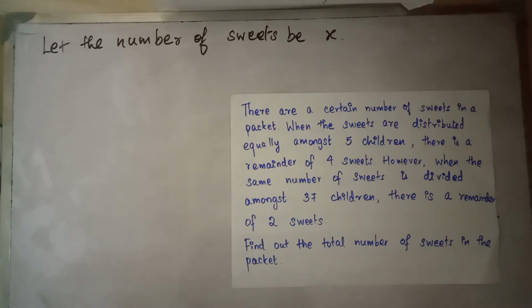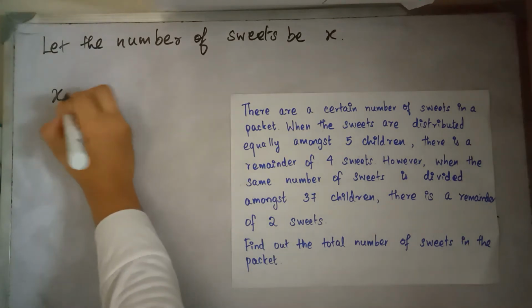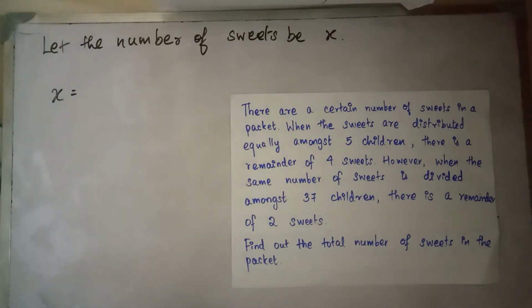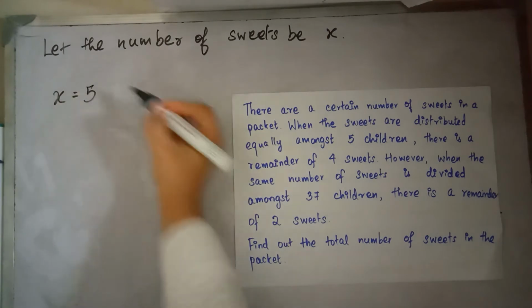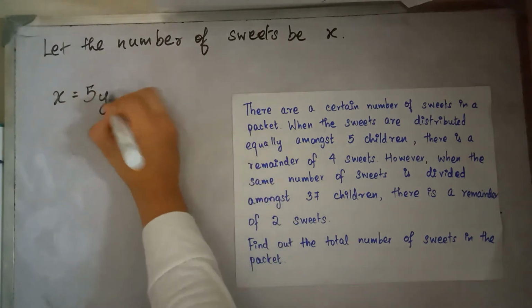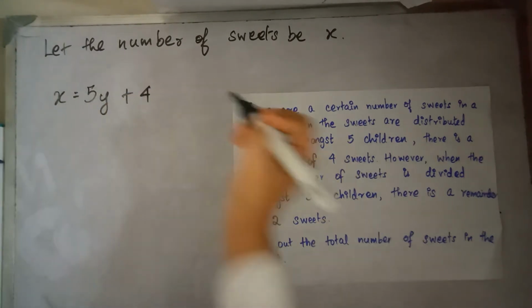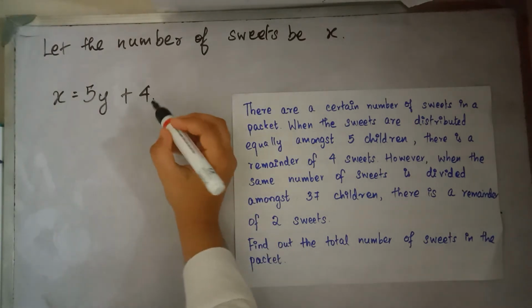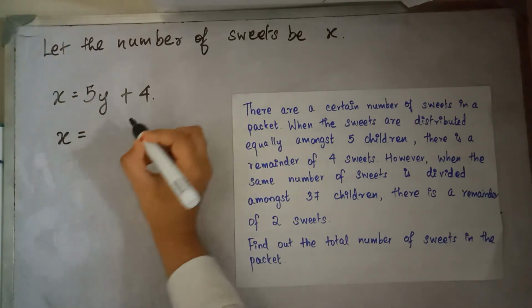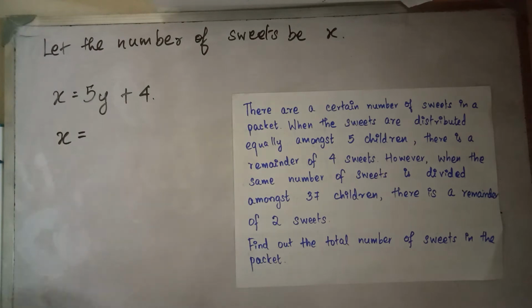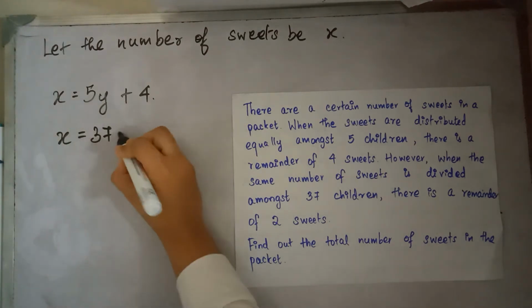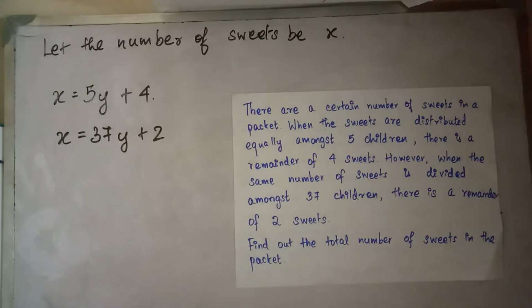When the sweets are distributed amongst 5 children, there's a remainder of 4 sweets. So 5 children, each one of them gets an equal amount of y, and there will be a remainder of 4 sweets. Likewise, when the same number of sweets is distributed amongst 37 children, there's a remainder of 2 sweets.